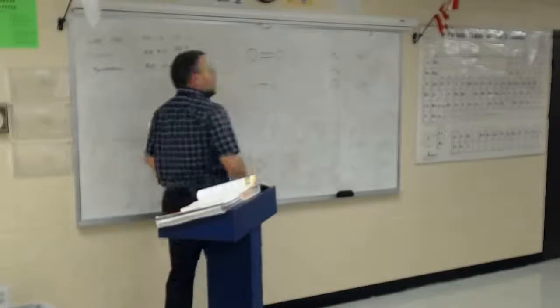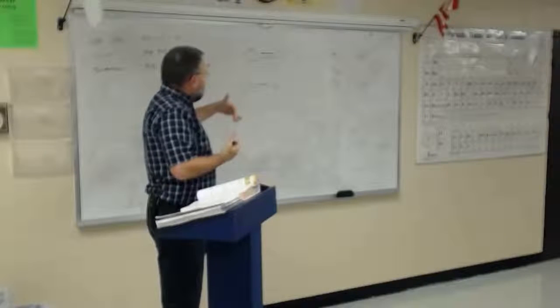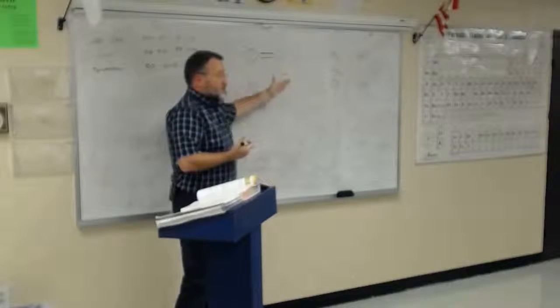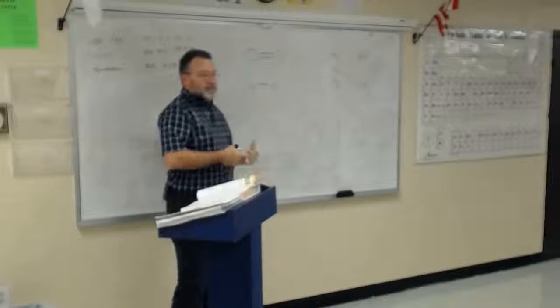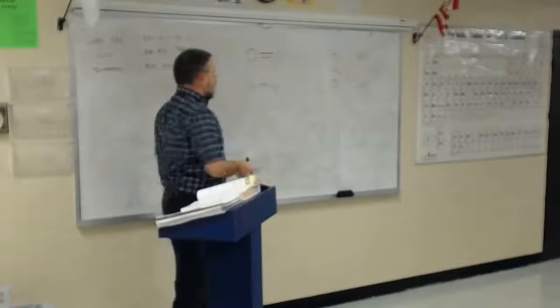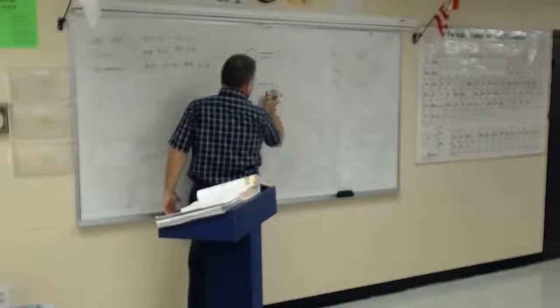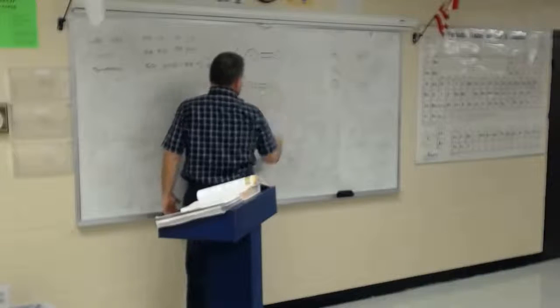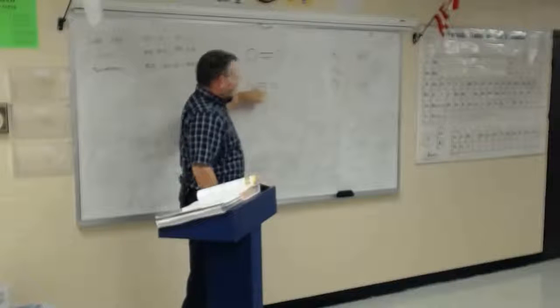Now I've got a semblance of a molecule, right? They're bonded together. How many electrons does each nitrogen see in its valence? 1, 2, 3, 4, 5, 6. Not enough. We're going to go ahead and clean up the unbonded electrons and try to bring them together to form bonds. So I'll bring this one over, bring this one over, bond them. 1, 2, 3, 4, 5, 6, 7.